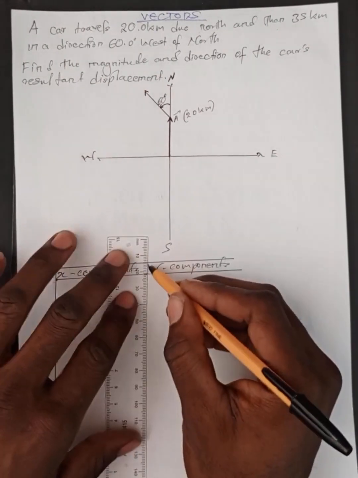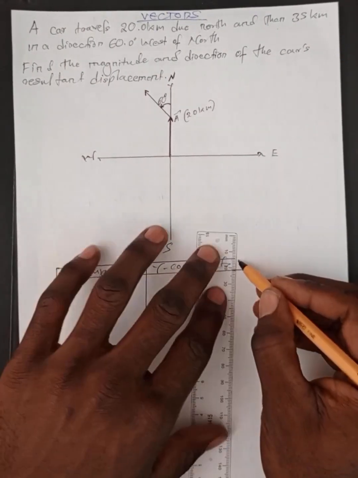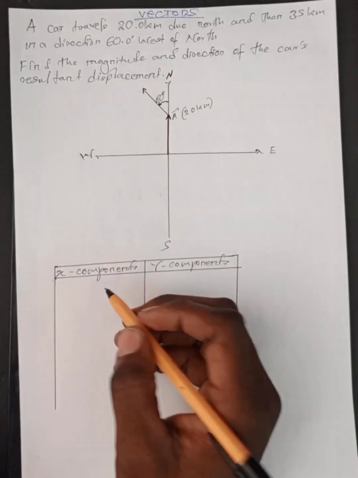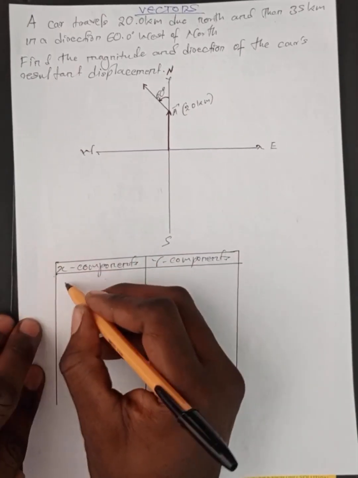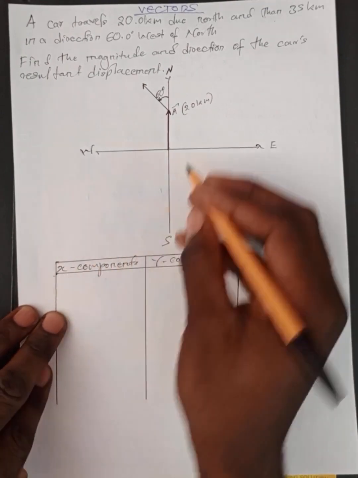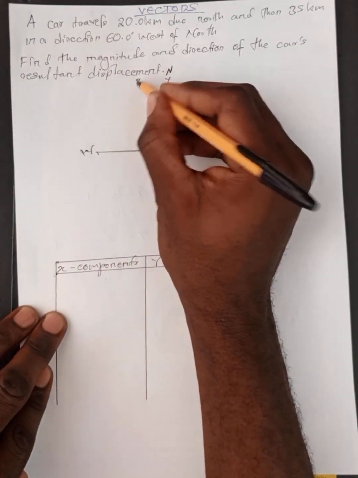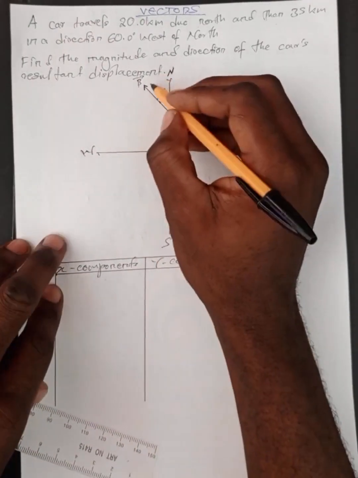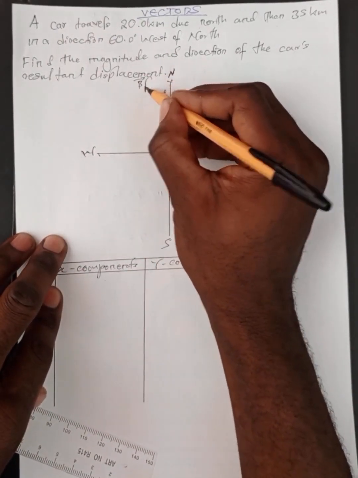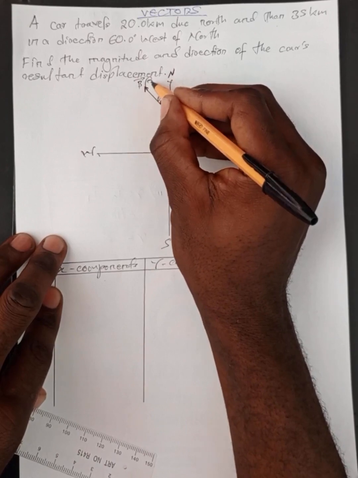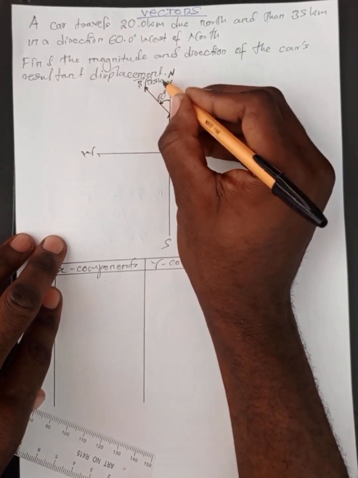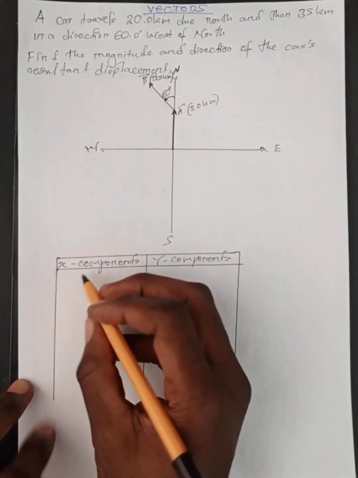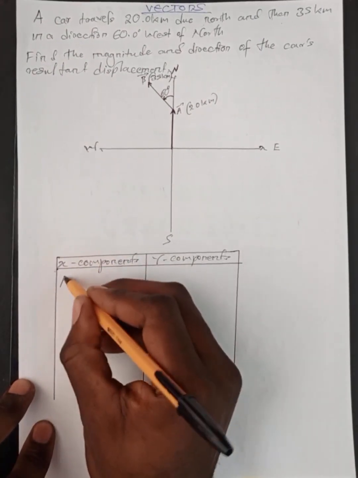So if you haven't watched the first video, go and watch it so that you can understand it properly. This is our B vector, it is 35 kilometers. Nice. So here we are going to have our A vector.